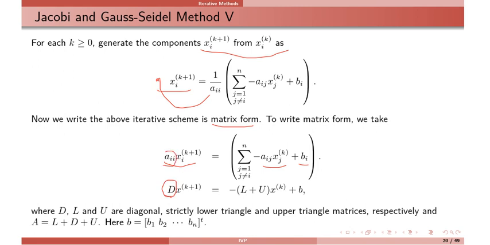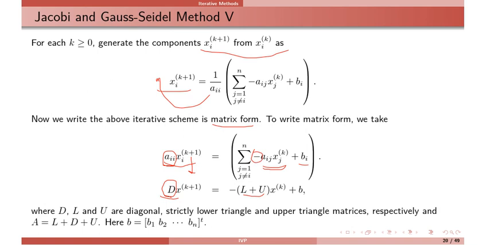So the first equation will be a11 x1, the second equation will be a22 x2, and so on. So you are keeping the diagonal part with x^(k+1) on the left hand side and moving everything except the diagonal to the right hand side. So we are moving the lower part of the matrix below the diagonal and the upper part above the diagonal to the right hand side, with a negative sign.